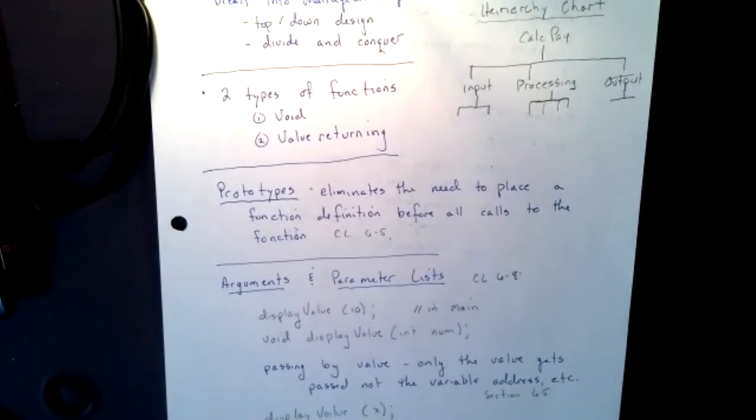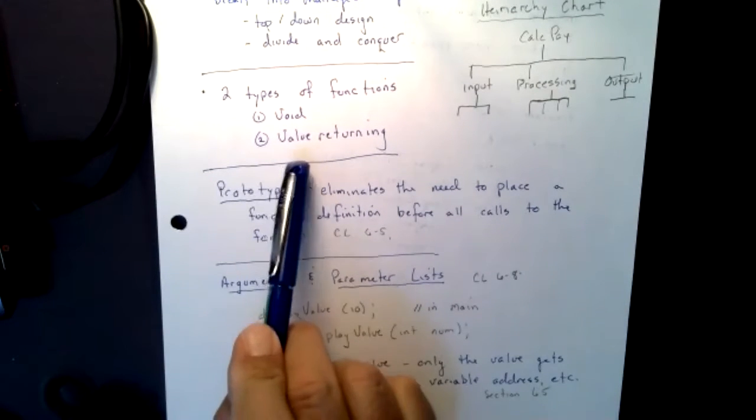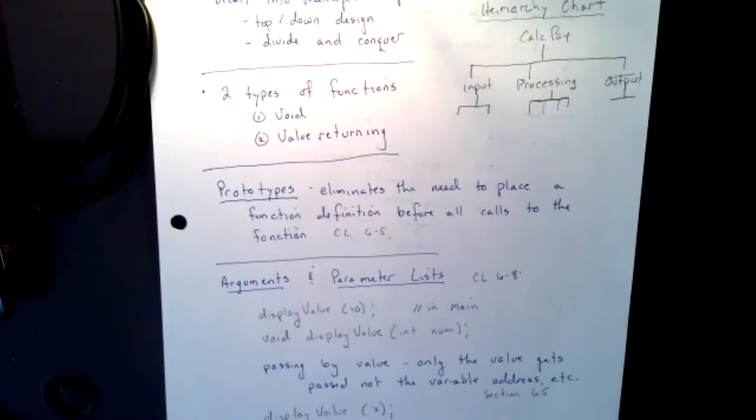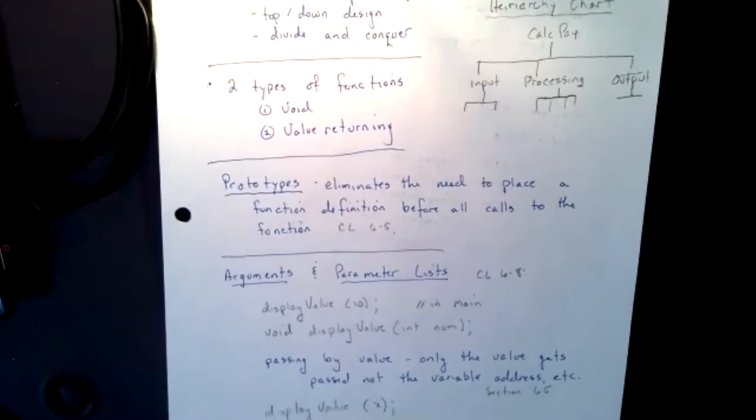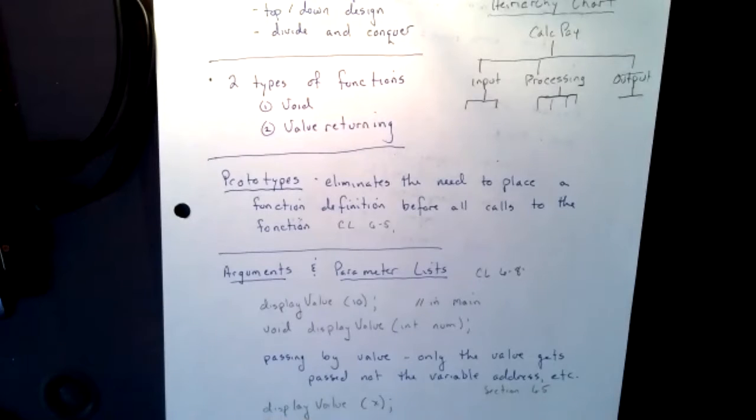Like in Java, C++, we have two types of functions, a void and a value returning. Still don't like the idea of one value returning, but we're going to be able to make some changes to that down the road. But for now, we have the ever popular value returning. Doing the code listings, you should have learned about something called a prototype.